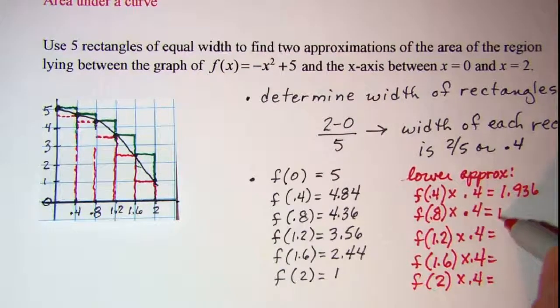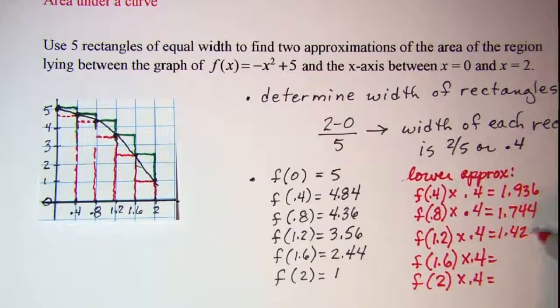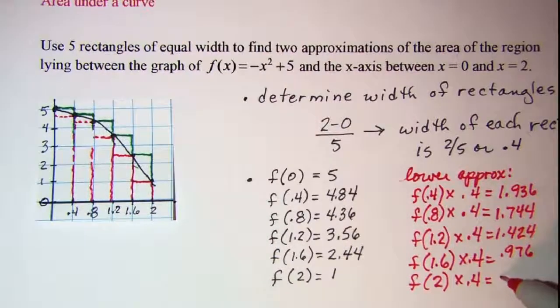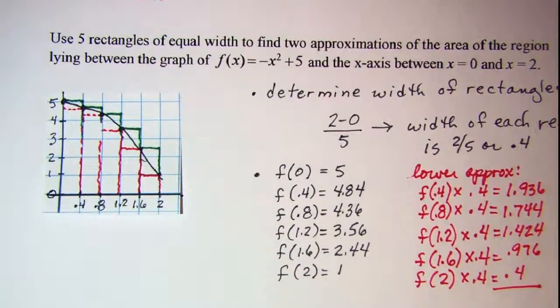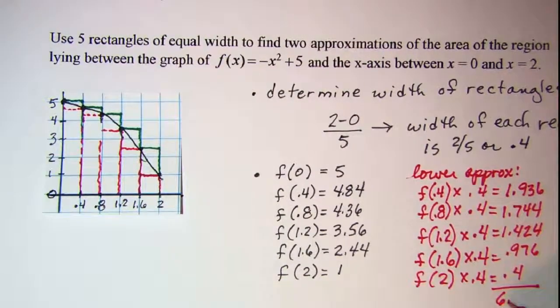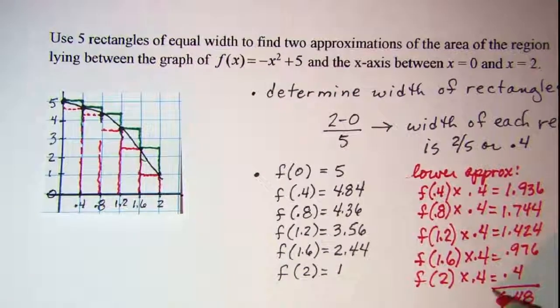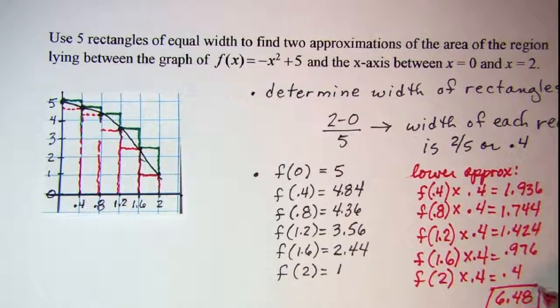This one is 1.744. This one is 1.424. This one is 0.976. This one is 0.4. And the total of all of those areas is 6.48. So that's my lower approximation.